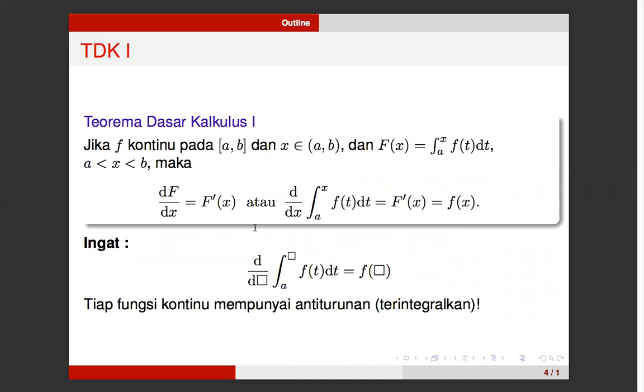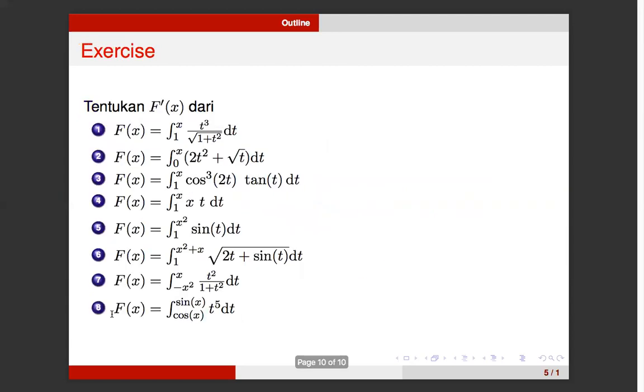That's the main point here. When you have the variable, whether this is d/dx, the important thing is that the variable in the upper limit must be the same. Or we can say that every continuous function has an antiderivative, or is integrable, right? Every continuous function is integrable.